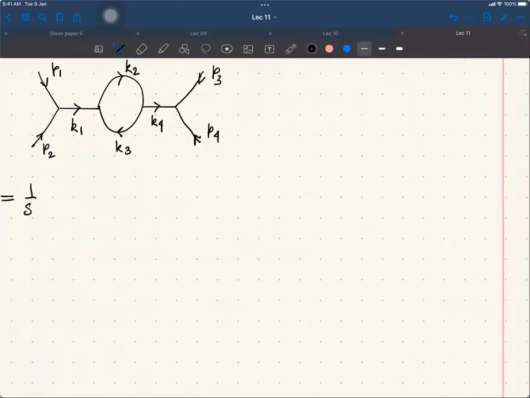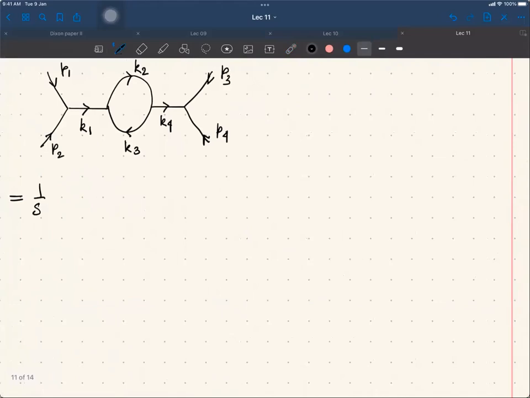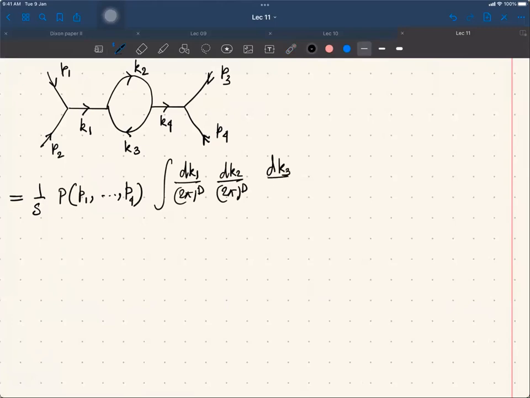Let us now write down the mathematical expression following the rules that I just mentioned. 1/s is the symmetry factor, and then for the external momenta, I'm supposed to get, as I explained earlier, a factor of capital P involving the external momenta. And then we are left with internal momenta, and for each internal momentum we introduce this integral.